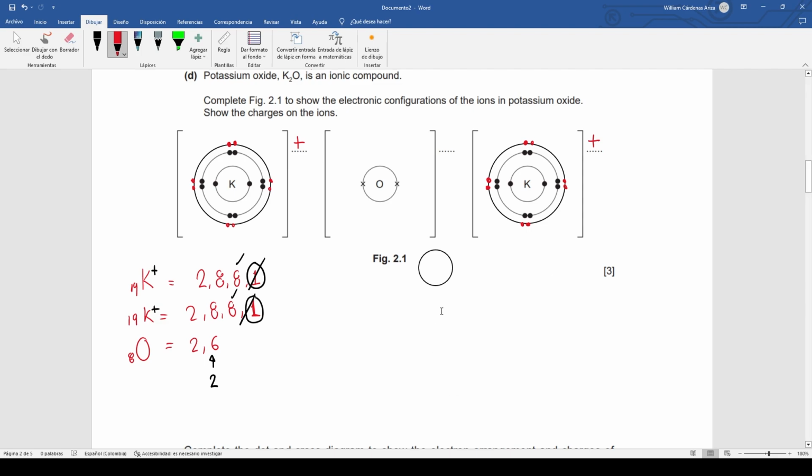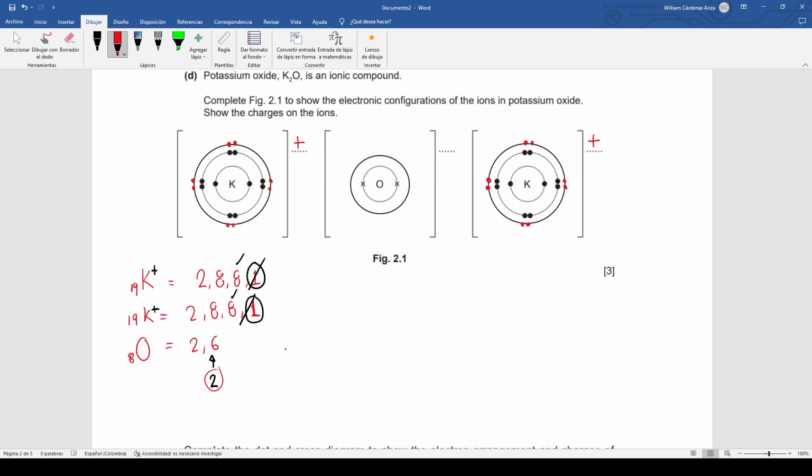Now, the oxygen, this is one of the most important things here. Look, the oxygen has 2 shells, right? We can see that oxygen has 2 shells. And look, that oxygen has crosses, so we will use crosses. But now, look that this oxygen will have 8 electrons, because each potassium gives 1 electron.